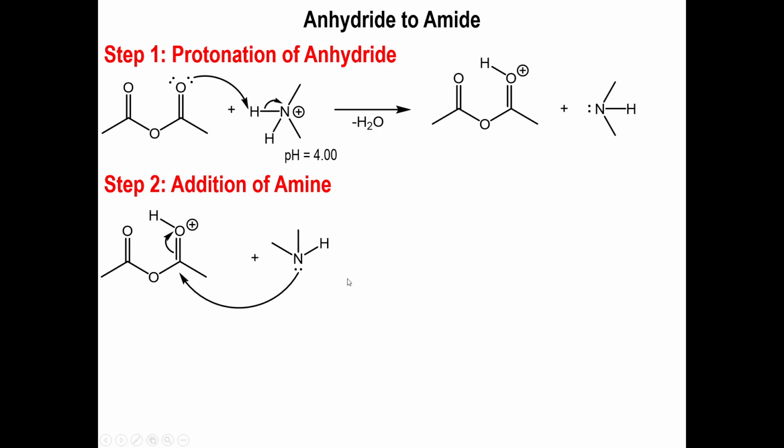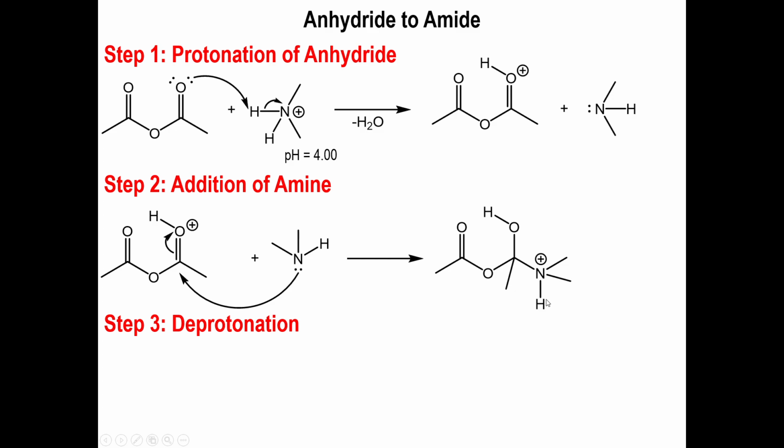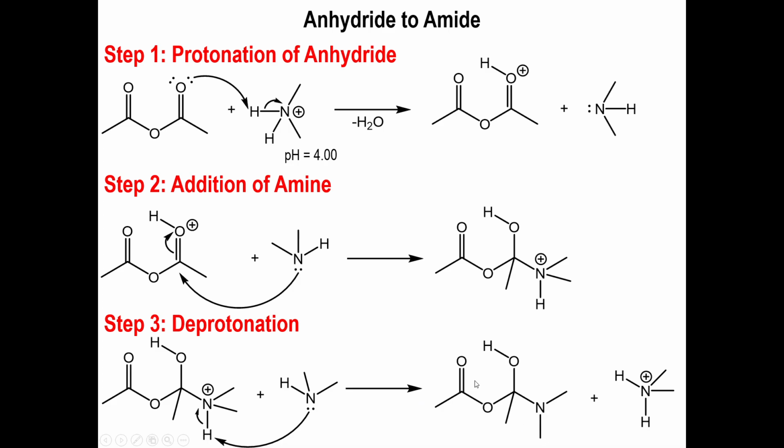And in the process, you'll form this tetrahedral intermediate that now has an aminium portion to it. So the proton shuffle will take place here. You will deprotonate the nitrogen, right? Attack that proton, take the electrons back to nitrogen, producing the neutral intermediate here.